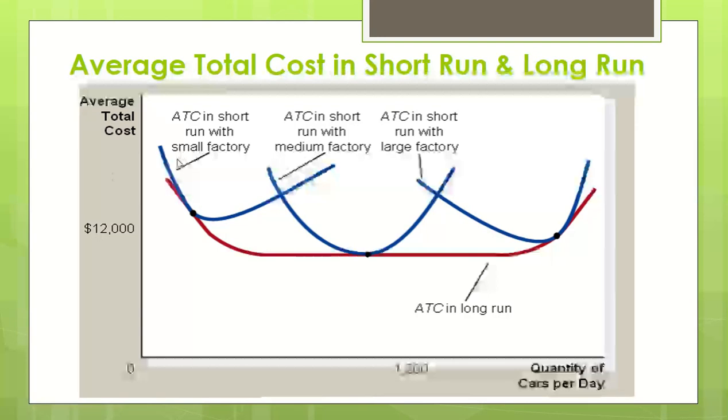Basically, these are the three short-run average total cost curves for a small factory, a medium factory, and a large factory.